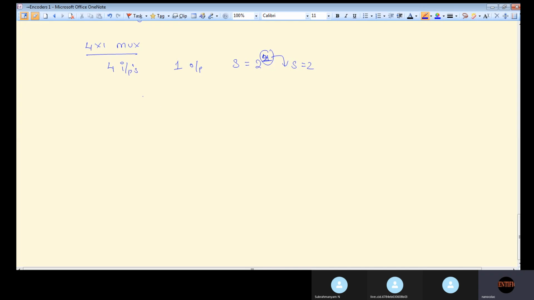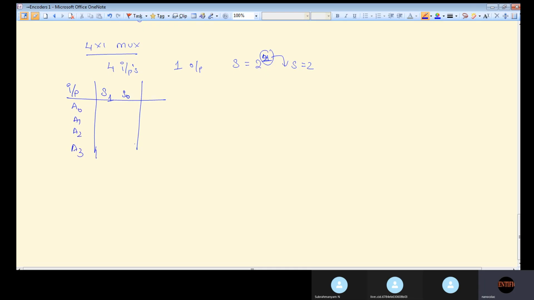Truth table, how do you write? Select lines, 2 select lines, so you can write S0, S1. What are the inputs for your mux? Inputs are 4 inputs: A0, A1, A2, A3.